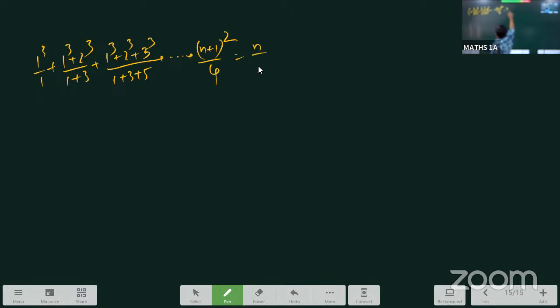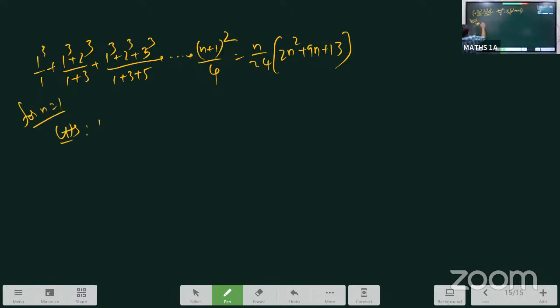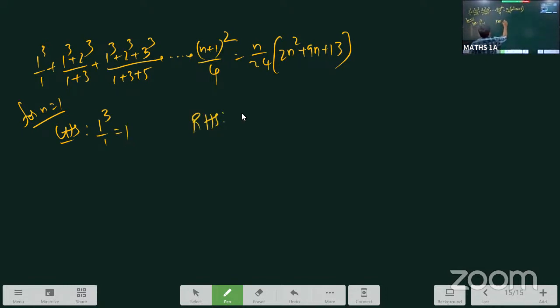That is equal to n by 24 into 2n square plus 9n plus 13. Now listen carefully. First, for n is equal to 1. LHS, 1 cube by 1 is 1. And in RHS, n is 1, so it is 1 by 24 into 2 plus 9 plus 13, because n is 1.